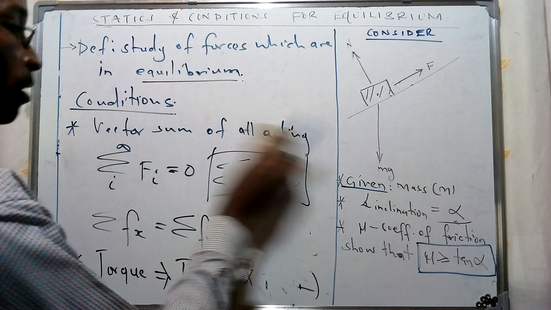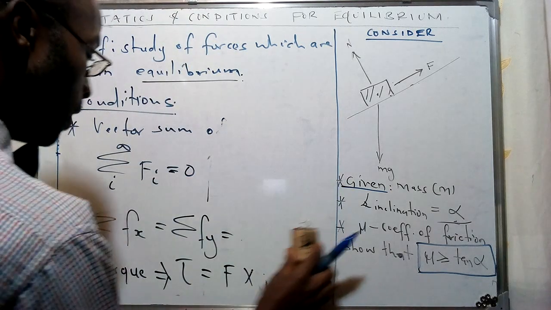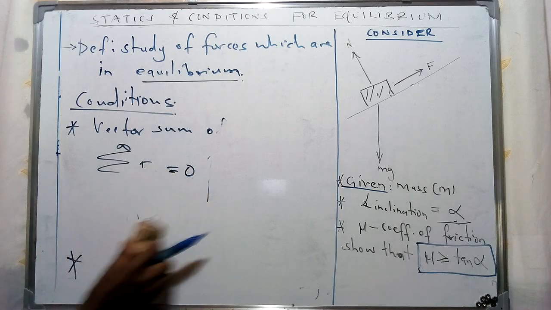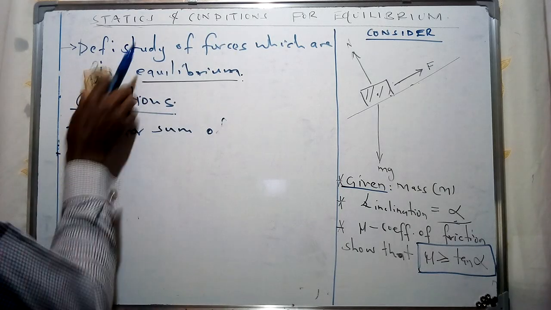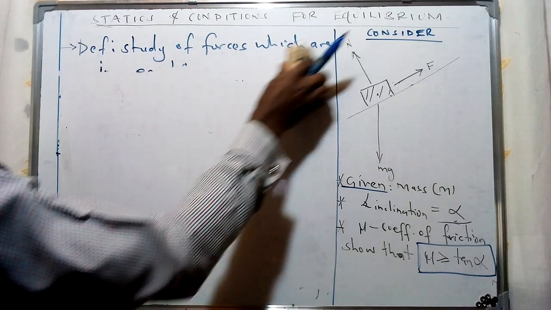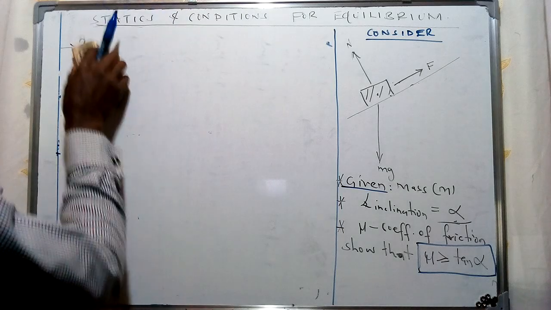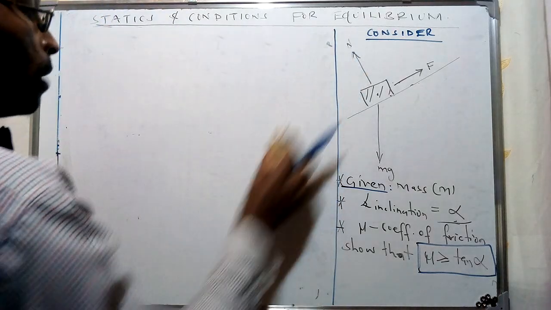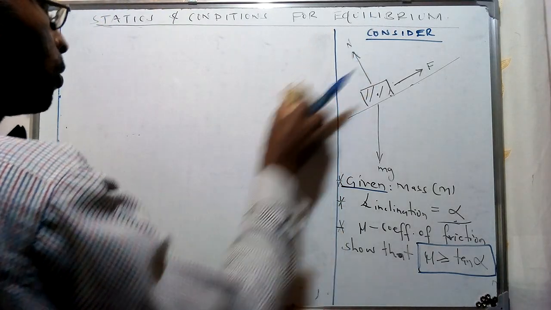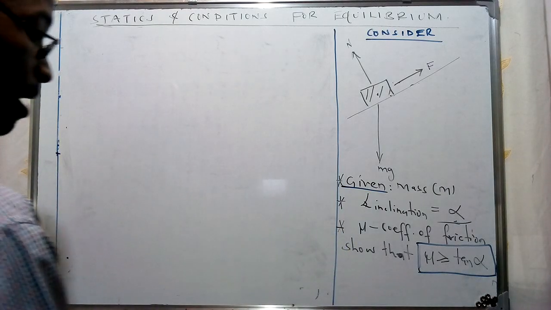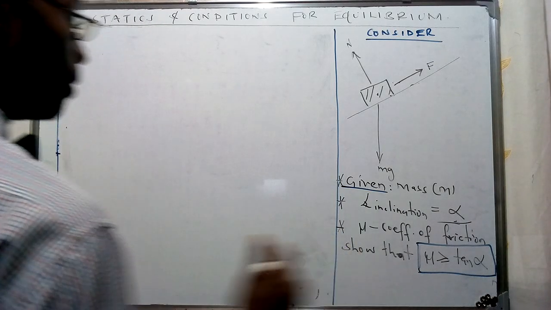And we are going to borrow from our previous discussion where we had looked at the concept of kinetic and static friction, and that is going to give us how we can evaluate the coefficient of friction, which is equal to or greater than the tangent of alpha.